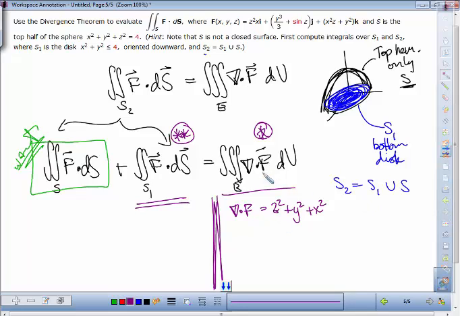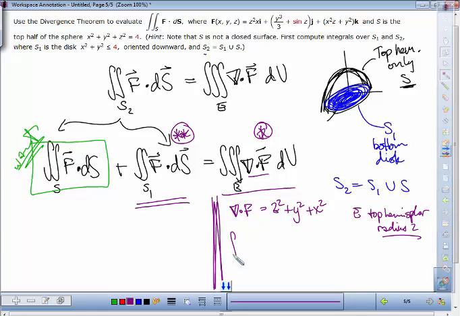So in our triple integral, we have x squared plus y squared plus z squared. That's what's going to go inside of our triple integral. And our E is the top half of the sphere, radius 2. So I'd be happy to just jump straight into spherical coordinates with this.